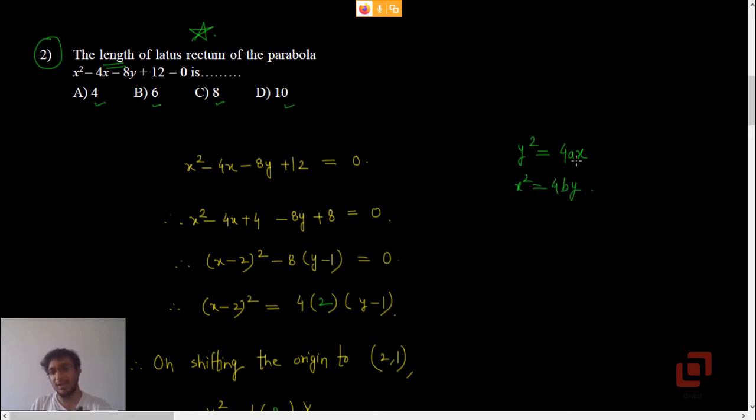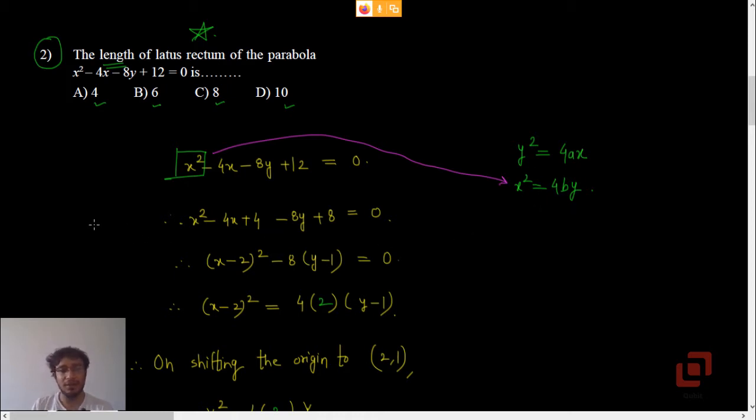So in this case, a can either be positive or negative, b can either be positive or negative. So that decides the orientation of the parabola. In the equation of the parabola, you see the term containing x having the second degree. So if at all this equation represents a parabola, it must be in this form: x squared equal to 4by.